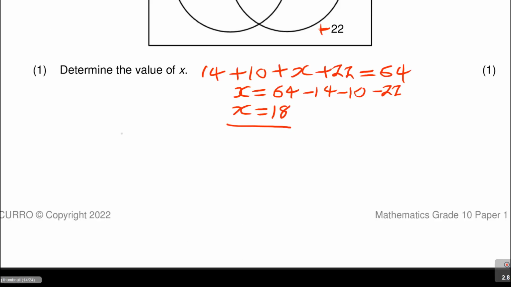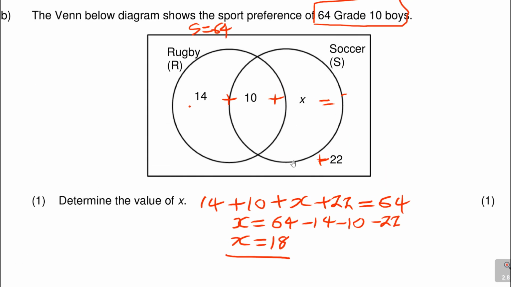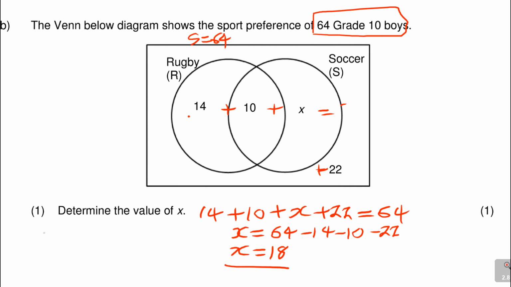So you come here and say, if you look at this diagram, which represents rugby only. So if you start to shade, remember, if I enter here, it will be rugby and soccer. So I mustn't enter inside. So rugby only, it's outside. It's this and that only. That's rugby only. So that's what you are having.